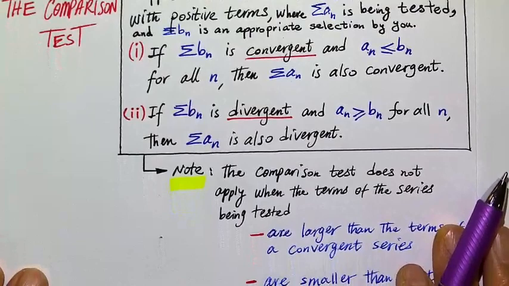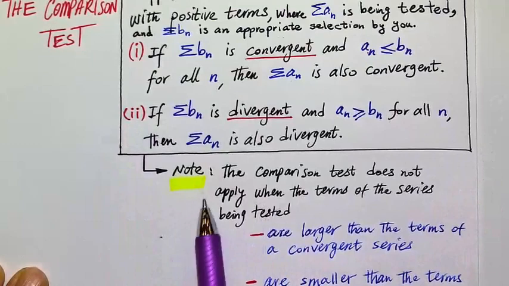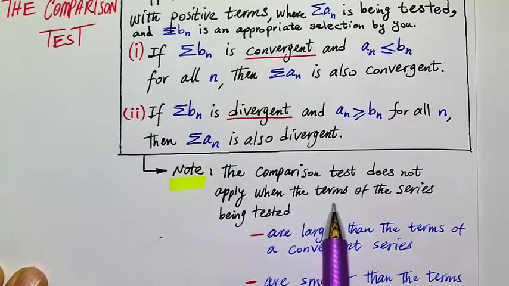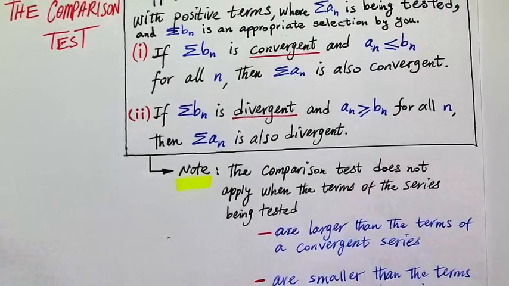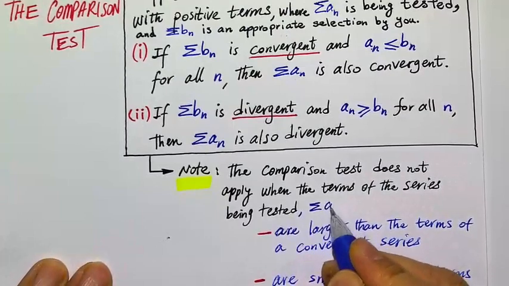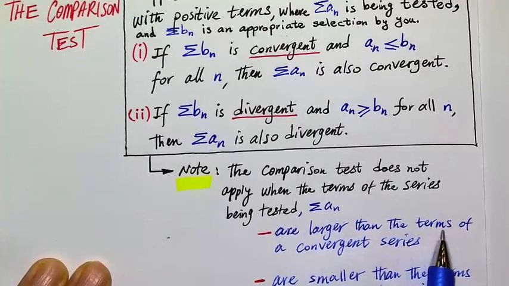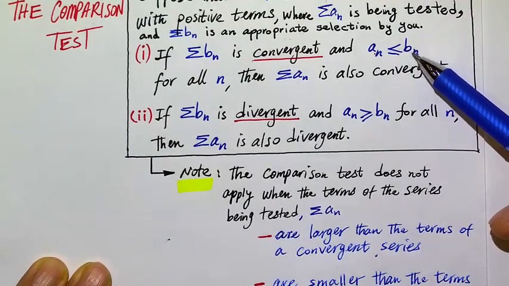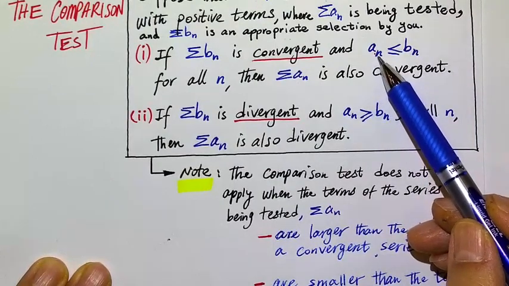Now, with respect to case 1 and case 2, I've included a note here, because the comparison test does not apply when the terms of the series being tested, sigma a n, are larger than the terms of the convergent series. The reason is that we said the convergent series should be greater than the series that we are testing.